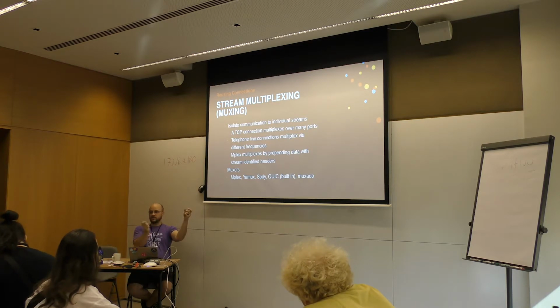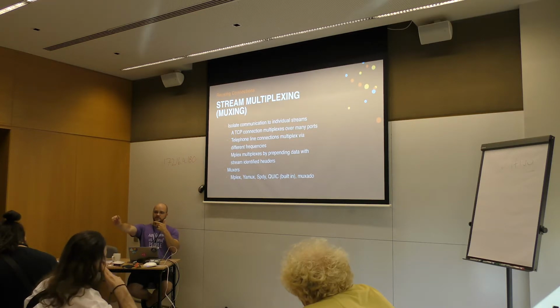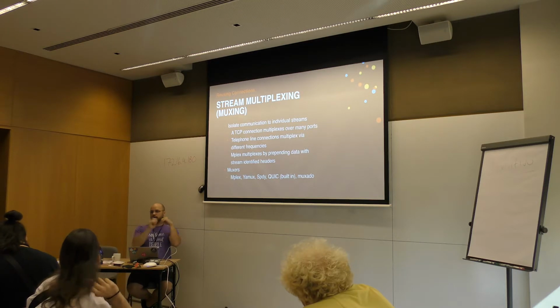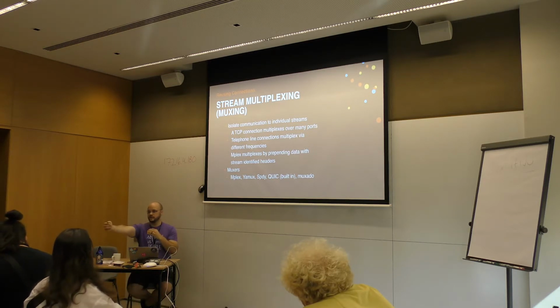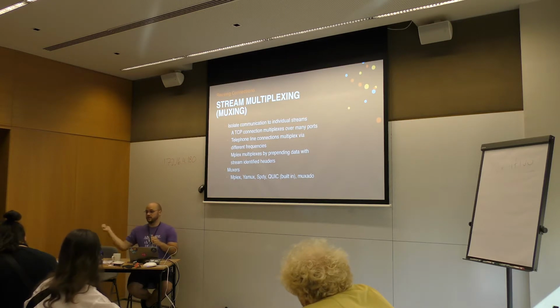We're going to send a message of 100 bytes, so we say it's going to be 100, and then we tack on our message. We send that over the wire, and when we read that in, we say, okay, this data is going to stream 5. There's 100 bytes of it, so I'm going to read the next 100 bytes, and then stop, pull that in and send it. This way I don't chew into the next message on the connection, because it might be going somewhere else.